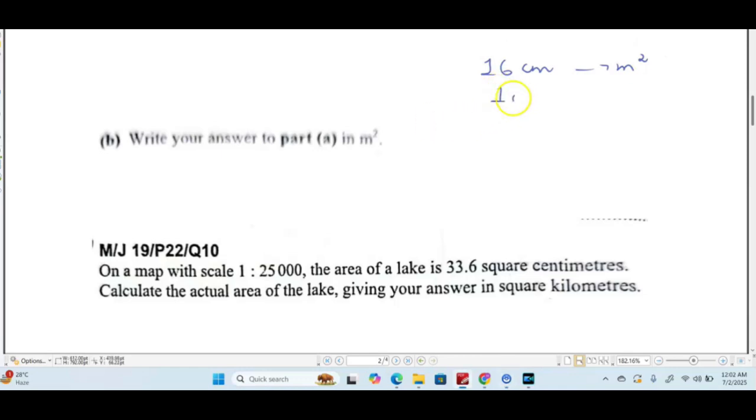We already know that 16 centimeter is our answer, and we have to convert it into meter square.